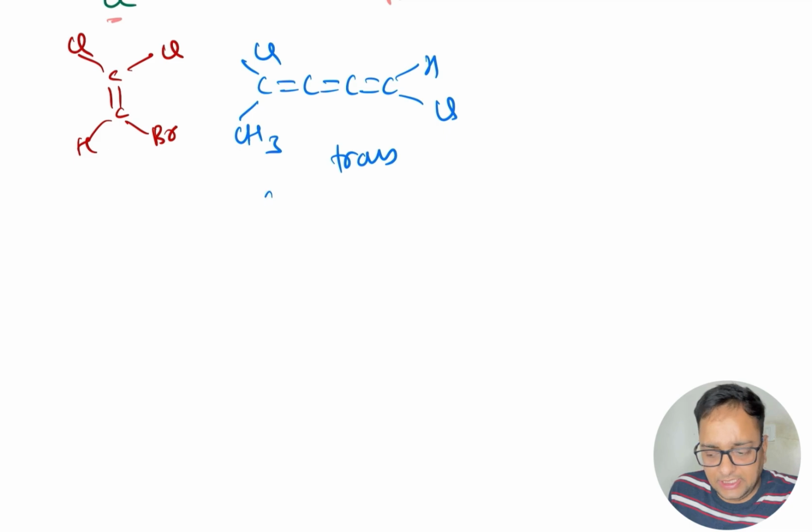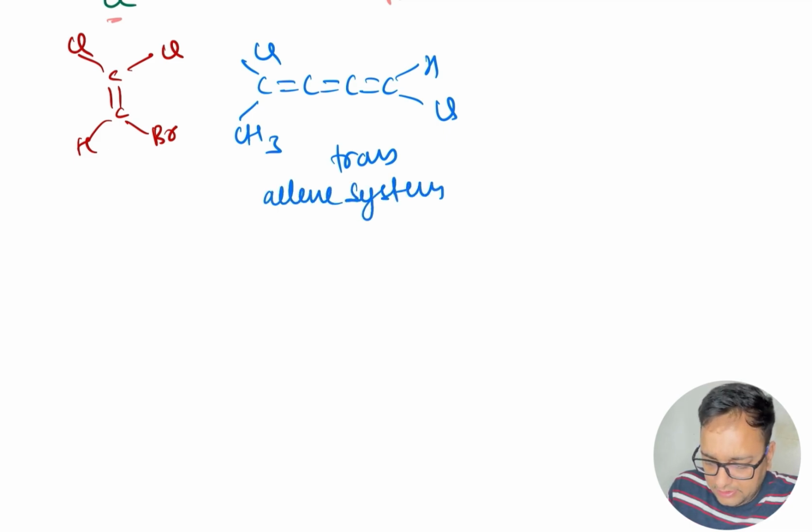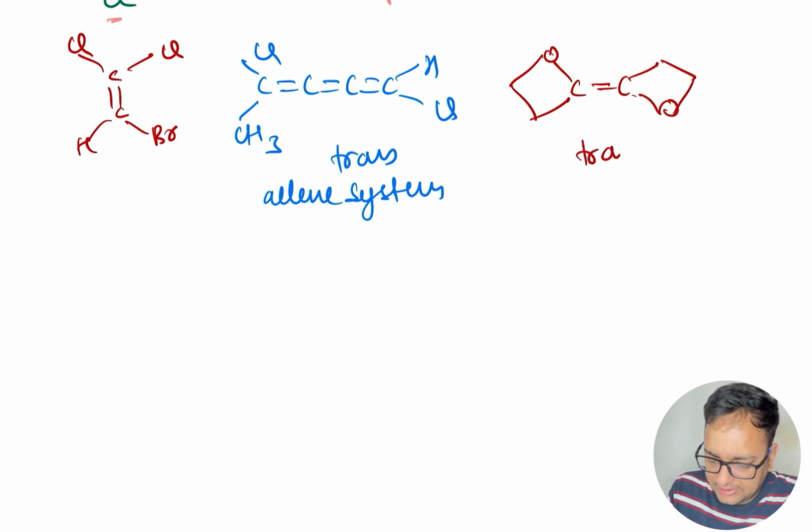We have seen already, it is like the allene system. Now we're going to look at the third compound. In this third compound, these two similar groups are at a further distance from each other. So it is trans.